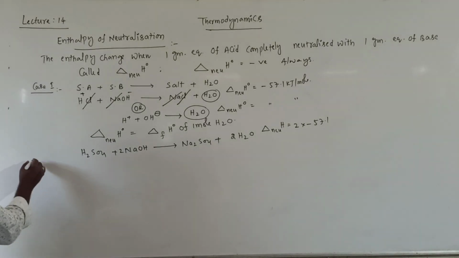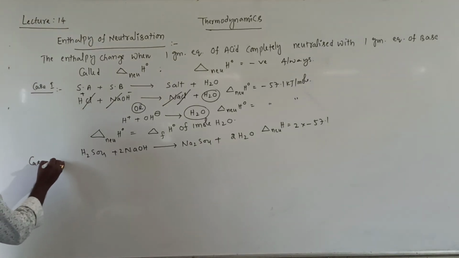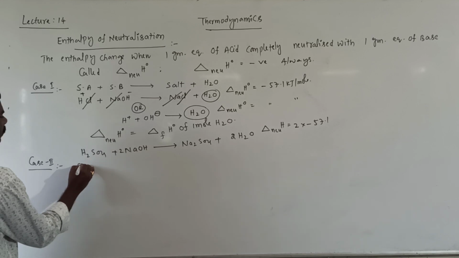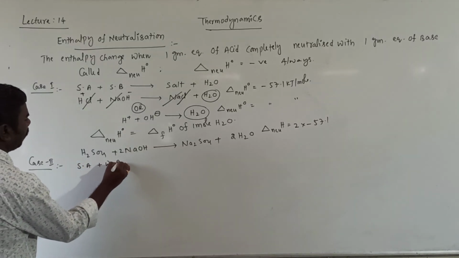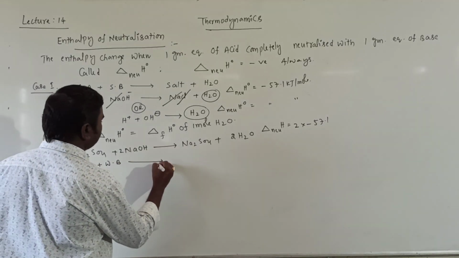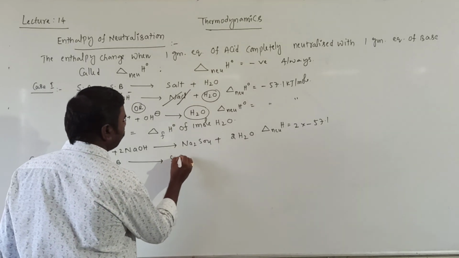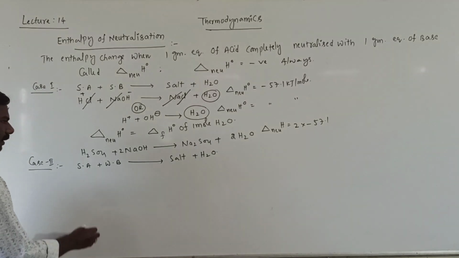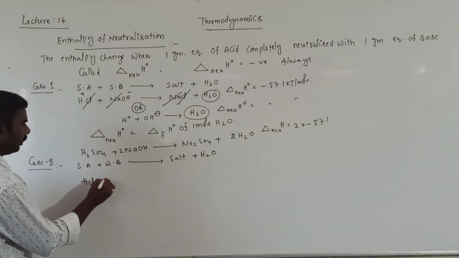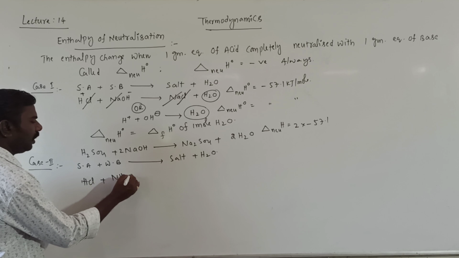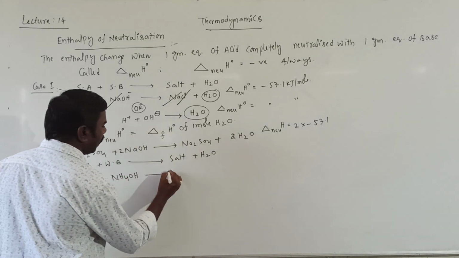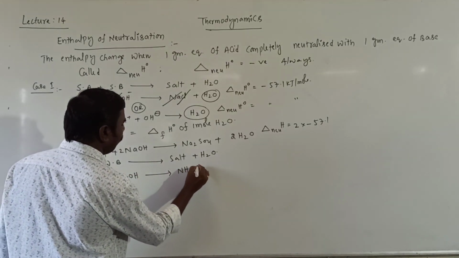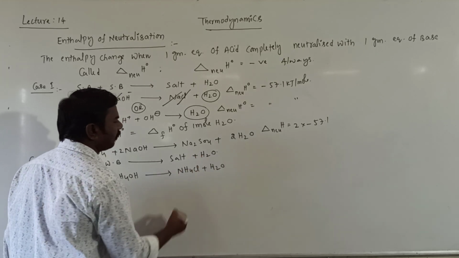Next, case 2, students. That is strong acid plus weak base, then give rise to salt plus water. Common example: strong acid HCl, weak base ammonium hydroxide, then give rise to NH4Cl plus water.